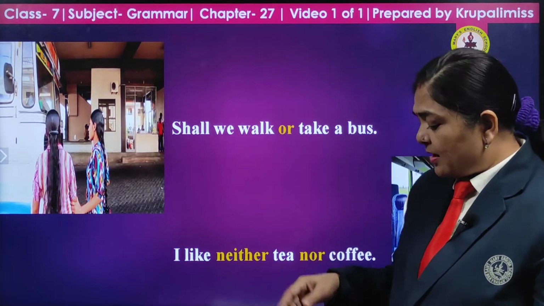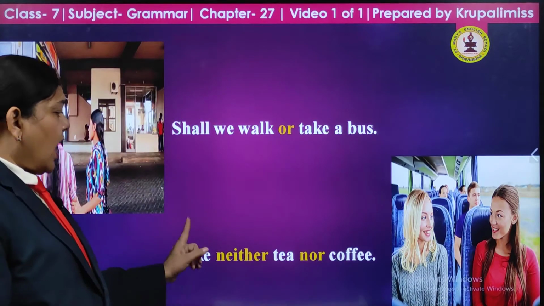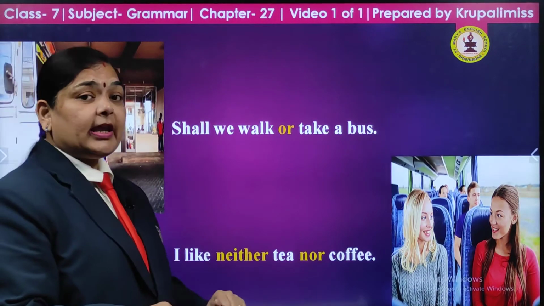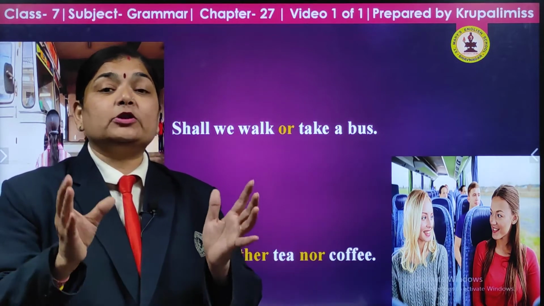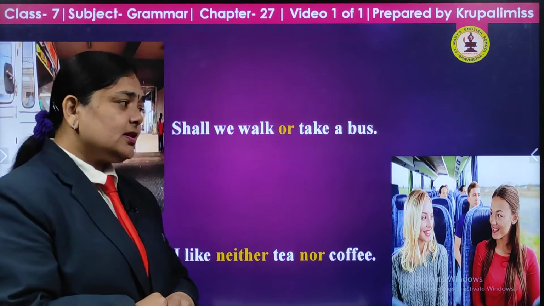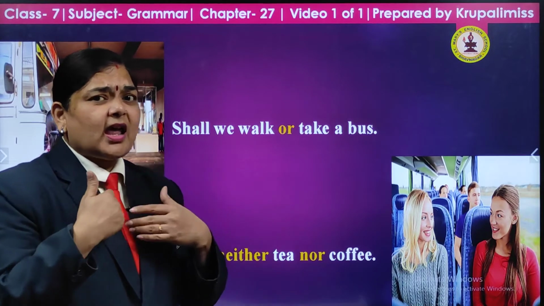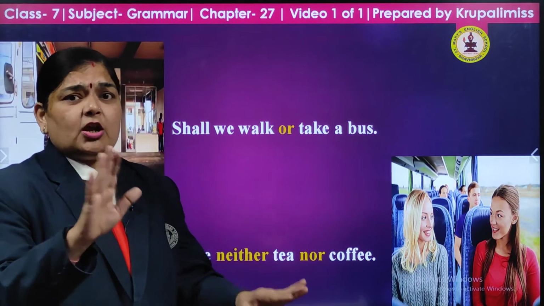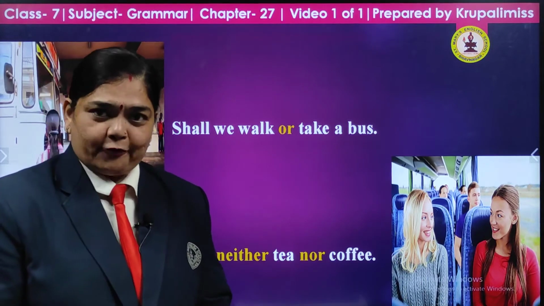Right children? Now, the next example you see over here. I like neither tea nor coffee. So neither and nor are used for the negative formation of sentences, right? What the lady is telling the other lady, that I like neither tea nor coffee, means I don't like tea or coffee.